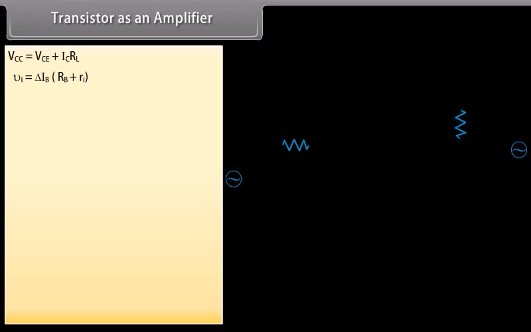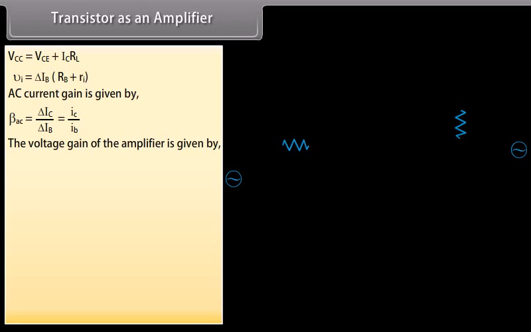ΔVi is equal to ΔIB multiplied by RB plus Ri. AC current gain is given by beta AC equal to ΔIC upon ΔIB. The voltage gain of the amplifier is given by AV equal to ΔVCE upon Ri ΔIB, or it can be written as AV equal to minus beta AC RL upon Ri.